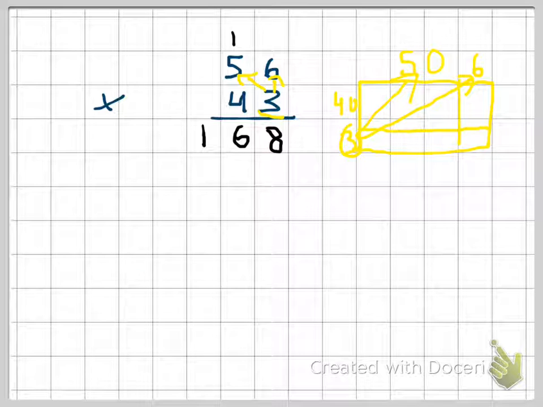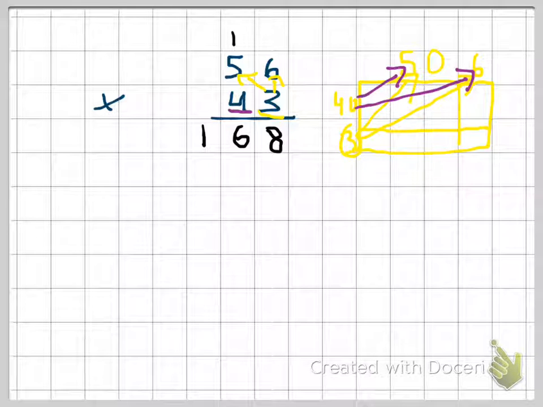Okay. So now that the ones has taken its turn, now it's time for the 4 tens to take its turn. So just like here, where 40 is going to multiply by 6 and by 50, it's the same thing. 4 times 6 and 4 times 5.